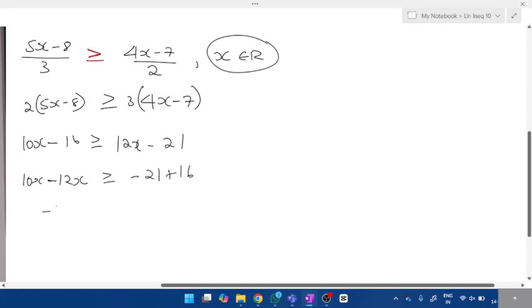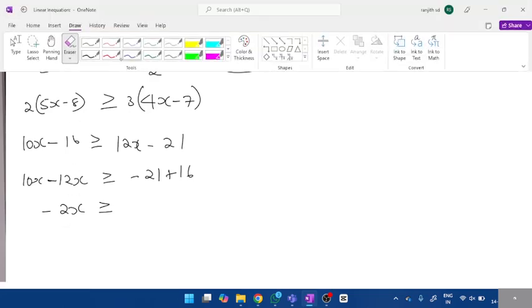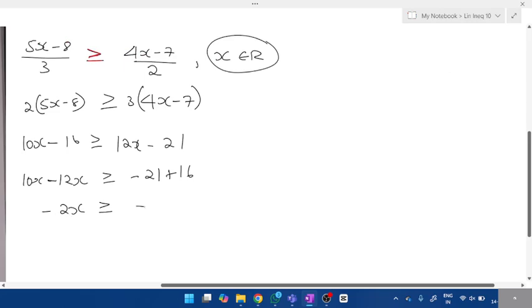Next, minus 2x, sorry, minus 2x is greater than or equal to minus 5. So you have to divide. We are dividing by a negative value, right? Greater than or equal to becomes less than or equal to. So what's the value of x?